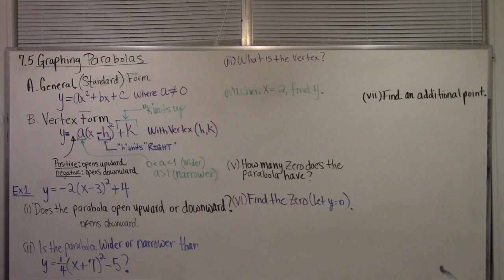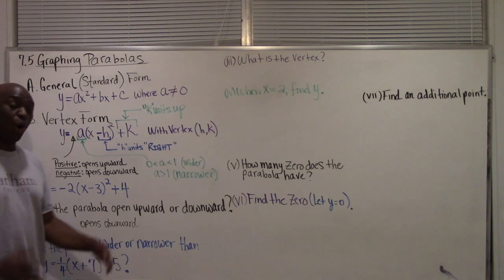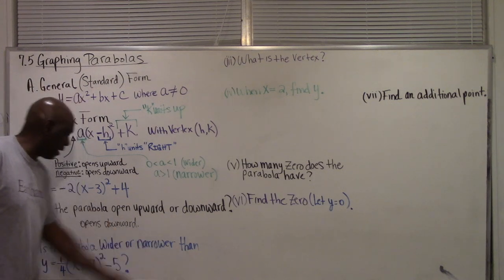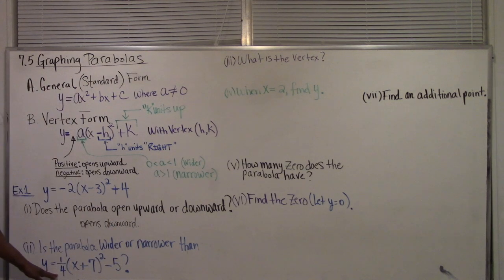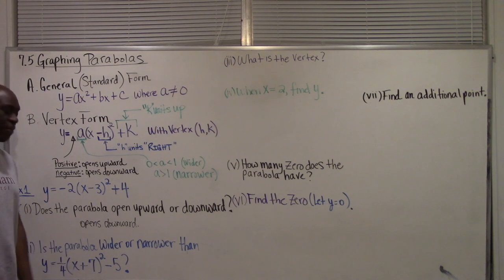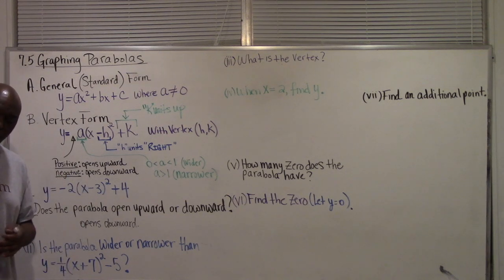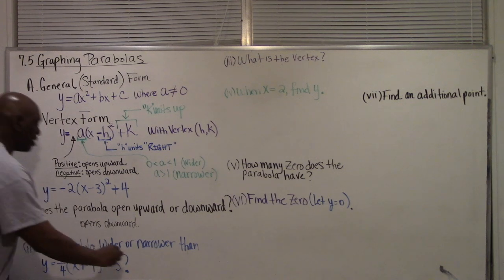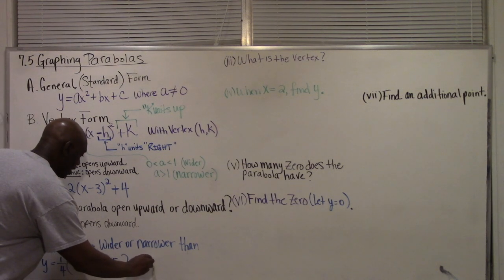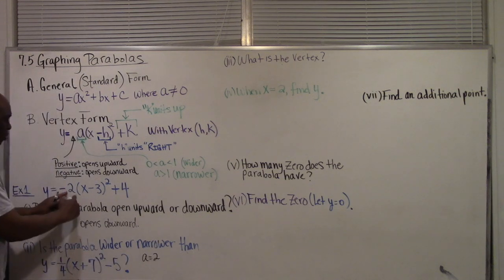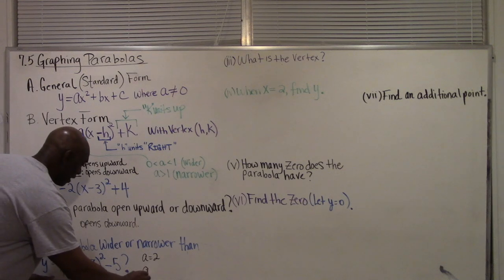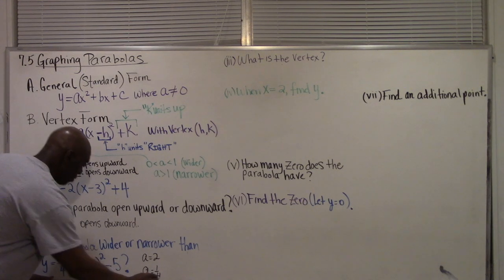All right? Question 2. Is the parabola wider or narrower than y equals 1/4 times the quantity x plus 7 squared minus 5? Just look at a. Well, what is the a right here? So in our equation, a equals 2. So a is 2. Well, how about down here? What's a? a is 1/4.